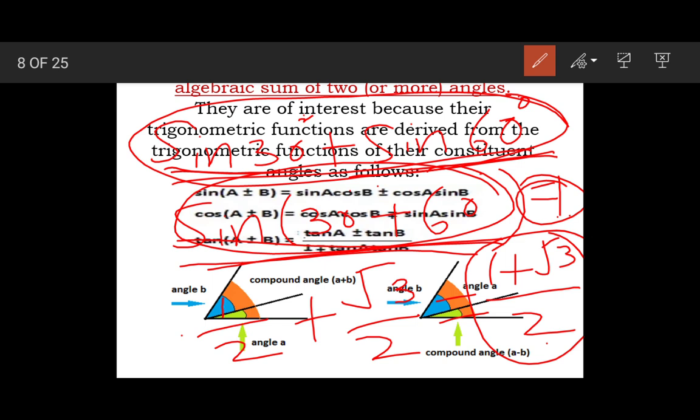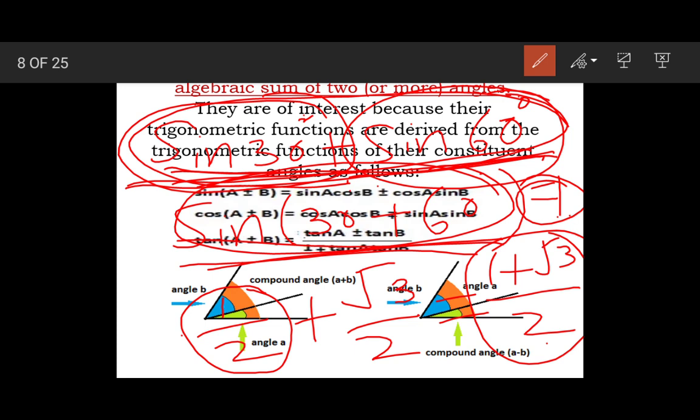Now, mathematically, when I am saying sine 30 plus sine 60, what am I doing? I am first finding the value for sine 30 degree, right? So sine 30 degree is 1 upon 2. Then I am finding the value for sine 60 degree.